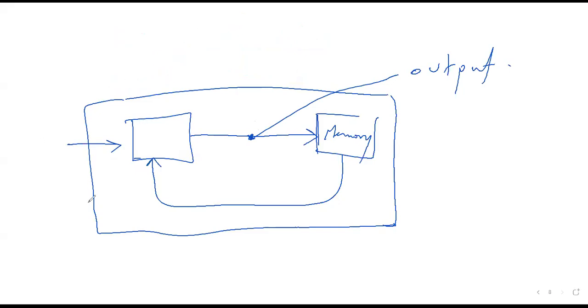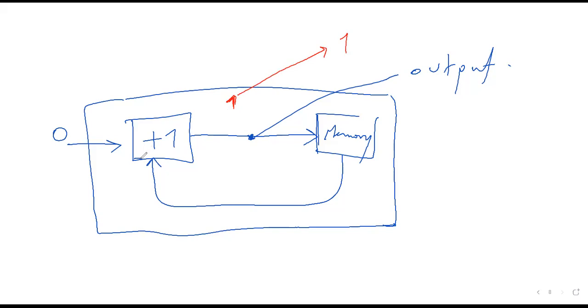I want to make a counter which counts from 0 to 9. I input a 0, and I have a combinational circuit which adds a 1. So if I add a 1, I get a 1 here, my first output.